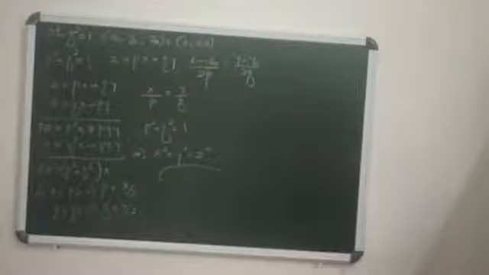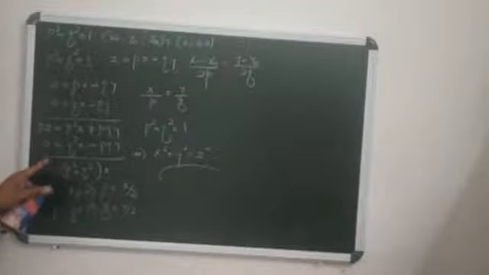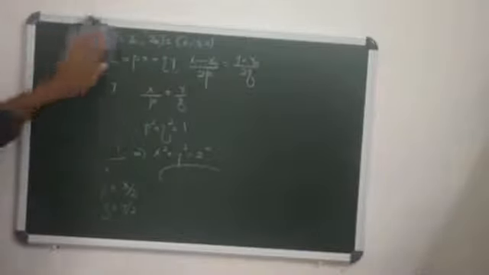So this is the required Monge cone. The Monge cone is obtained by eliminating p and q from the Monge cone equations, F(x, y, z, p, q) taken as f, and z minus z naught equals p(x minus x naught) plus q(y minus y naught), as well as (x minus x naught)/fp equals (y minus y naught)/fq. Okay. So this is the method to find the Monge cone of a given surface.